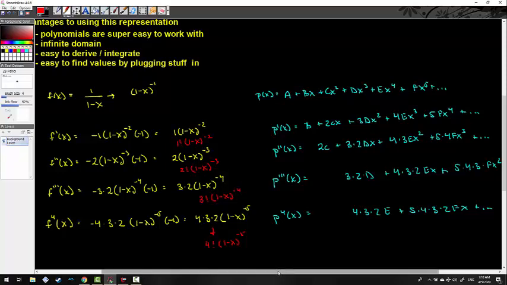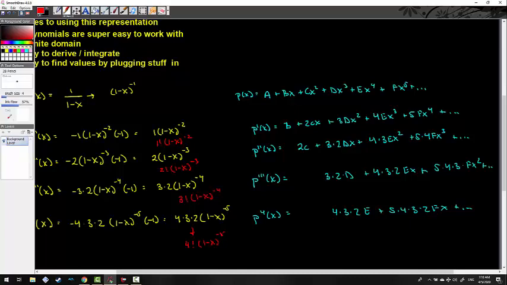Well, let's go and do the same thing on our polynomial here. From here, our p prime, I can call it 4 factorial e plus 5 factorial fx. And the things that are down the chain here are not going to be factorialized, at least not yet. By the time I hit my 5th and 6th and 7th derivatives, those terms down the chain will start becoming factorialized. But for now, these are the only terms that are becoming factorialized, and that should be enough for us to establish a pattern here.